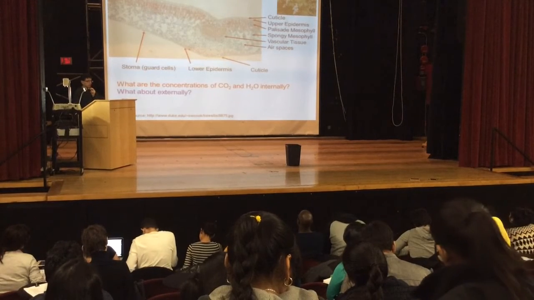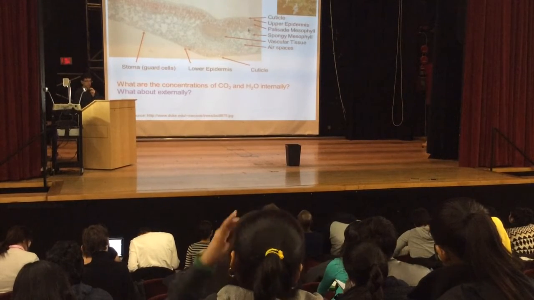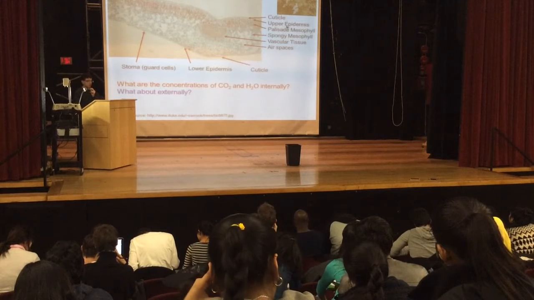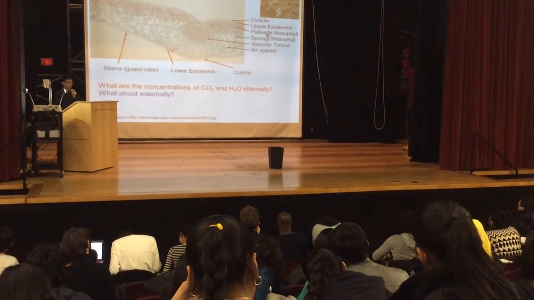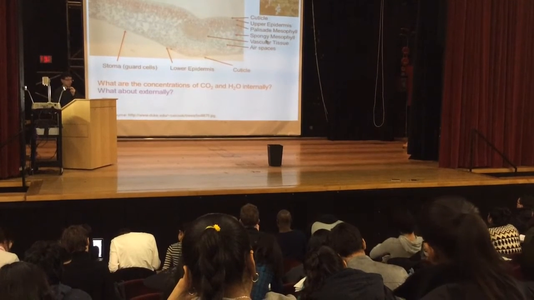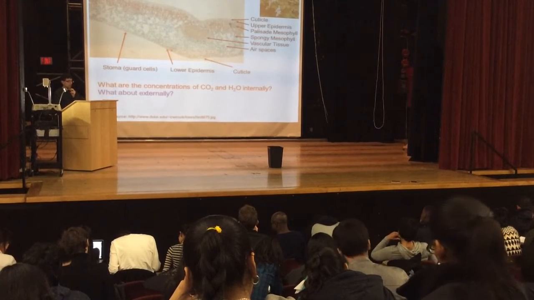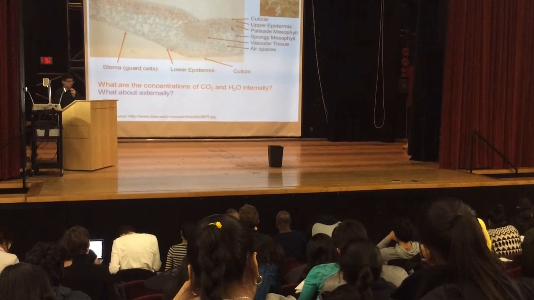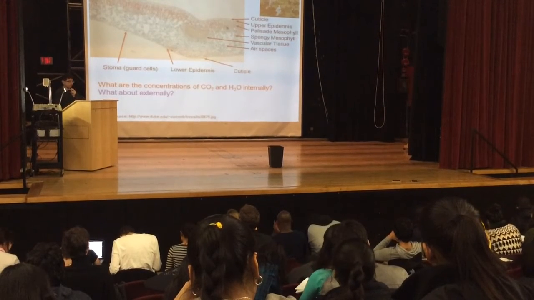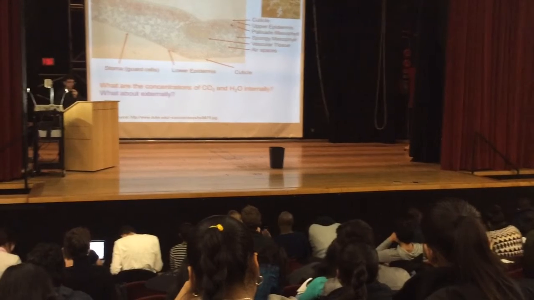There are two types of photosynthetic cells. The photosynthetic cells are called mesophyll cells, and there's the palisade and the spongy. The palisade mesophyll cells are column-shaped. They are tightly packed. Lots and lots of chloroplasts that are stained purple.